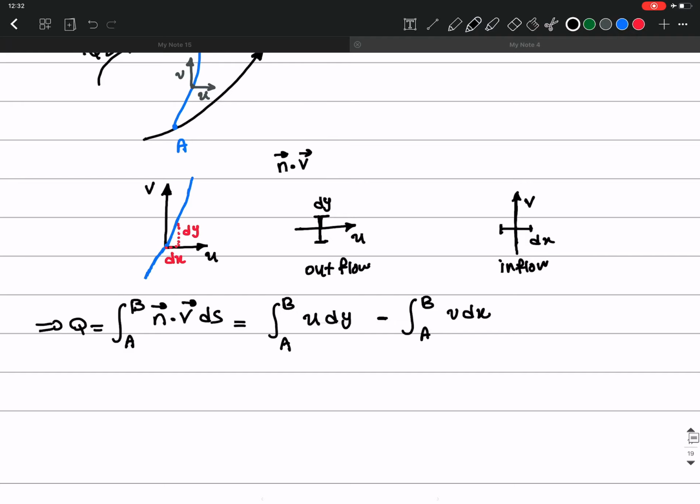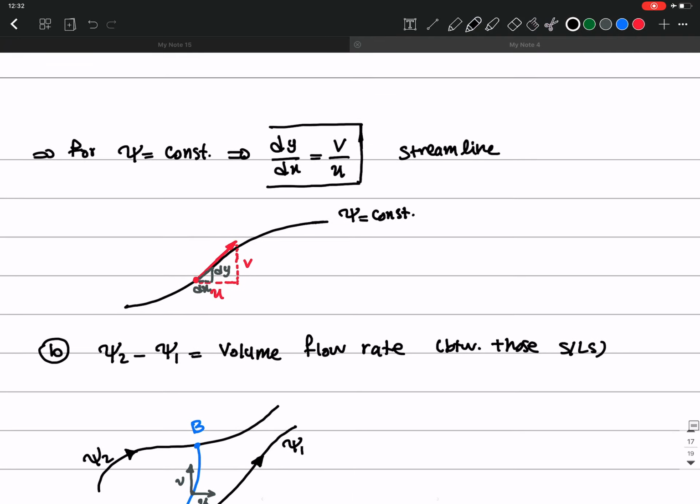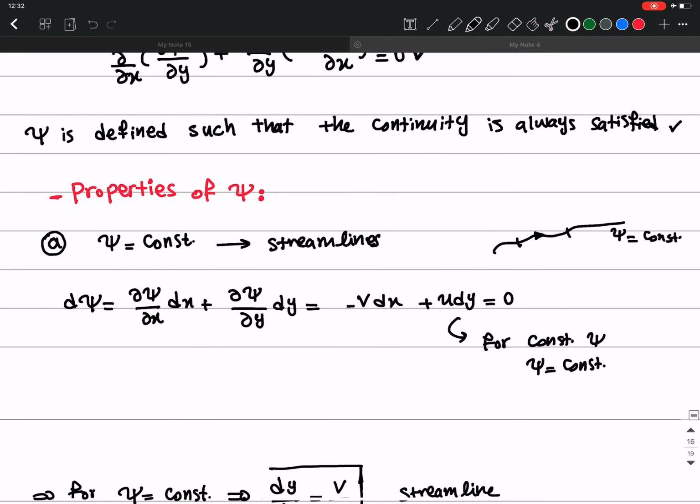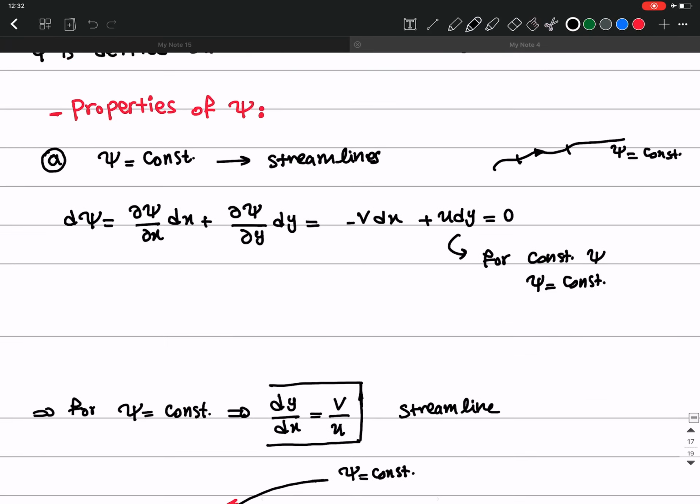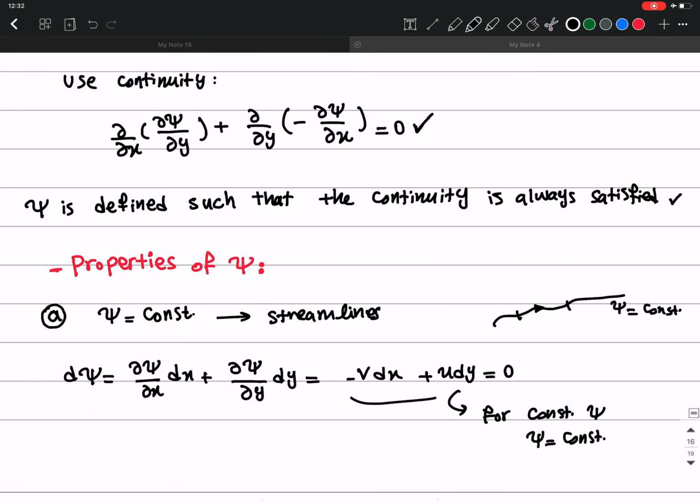And what is this? Just look at it. We already had it. Minus v dx plus u dy. So let me rewrite it again. So this is the integral from A to B of minus v dx plus u dy. What is this? Here we have it.